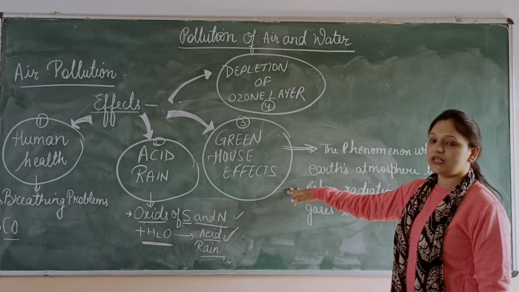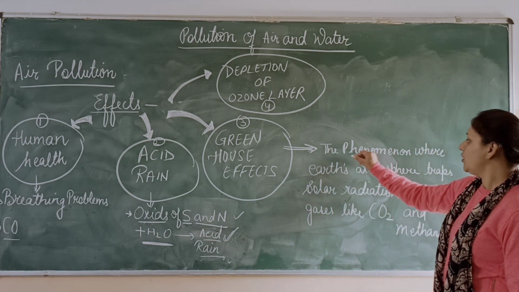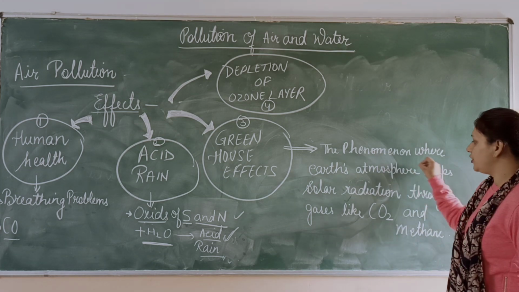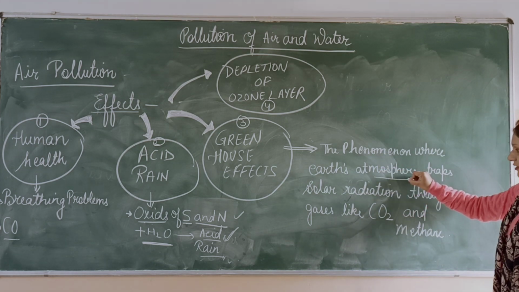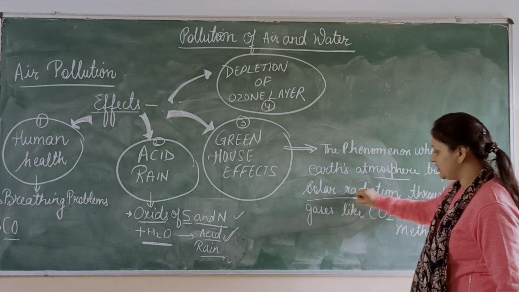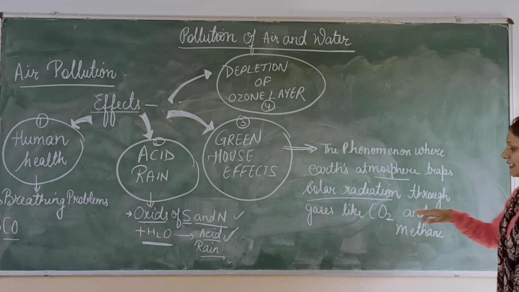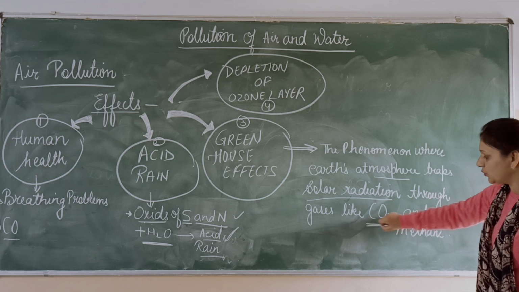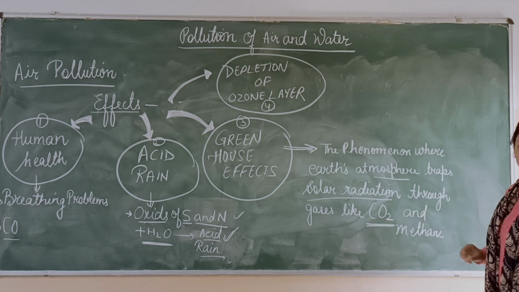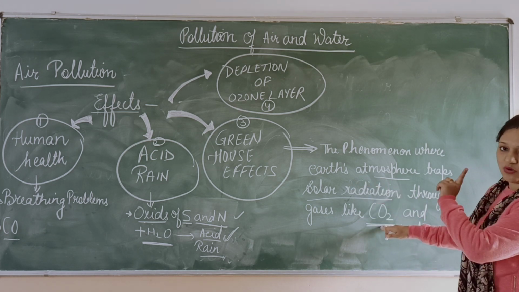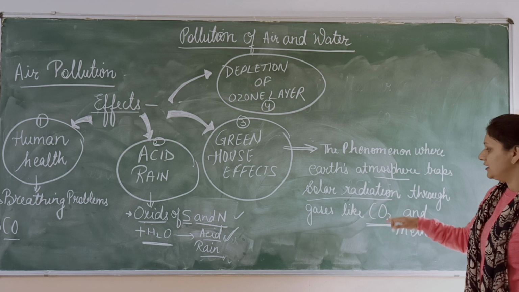Another one, greenhouse effect. What is the greenhouse effect? Let us understand through a definition first. The phenomenon where Earth's atmosphere traps solar radiation. What is it trapping? Solar radiations through gases like CO2. Students, what is CO2? Carbon dioxide. What is CO? Carbon monoxide.